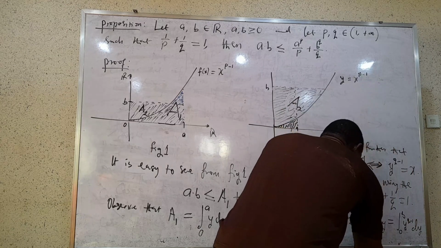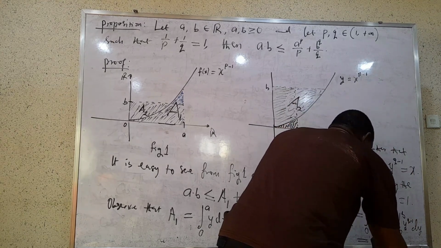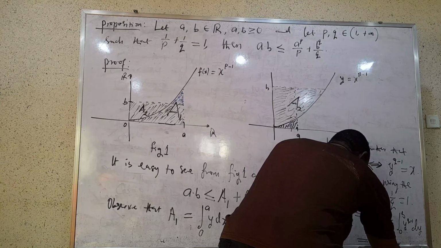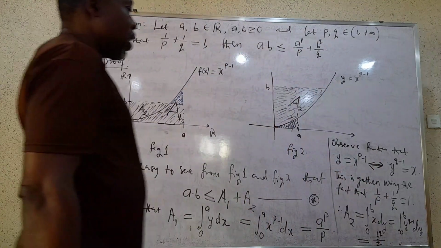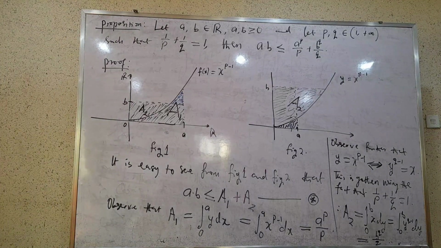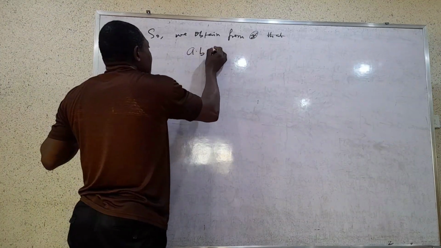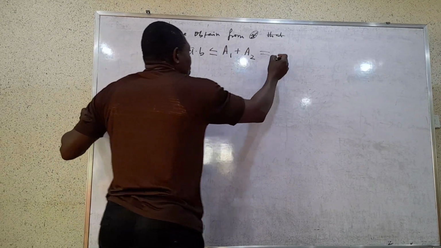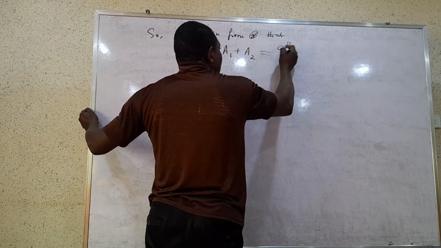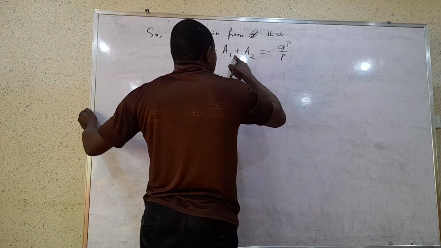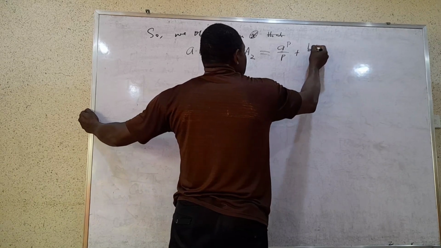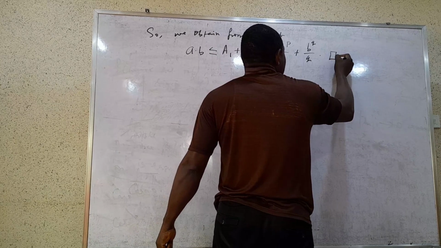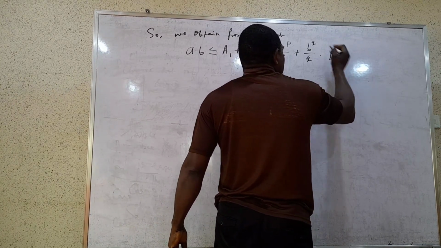And that will give us nothing but b raised to power q over q. AB is less or equal to A1 plus what? A2, which is equal to a raised to power p over p for A1 plus what? b raised to power q over q. And this completes the proof of that inequality.